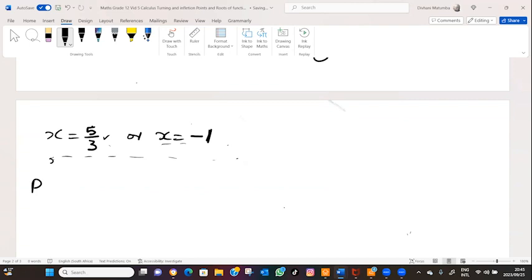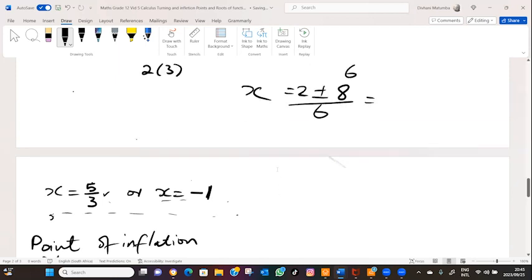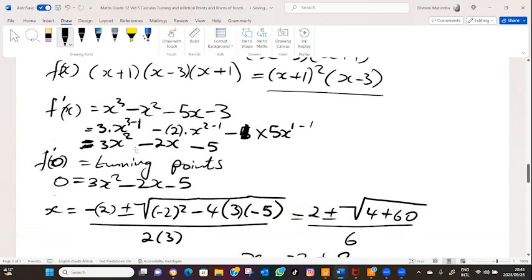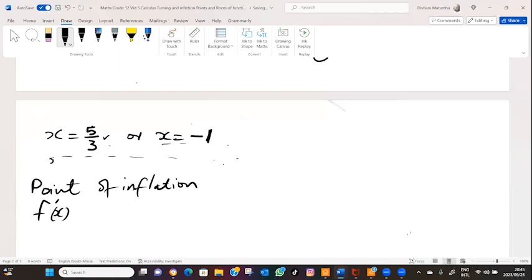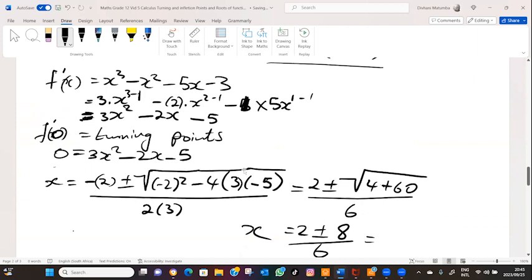Now, the point of inflection. The derivative function is given by 3x squared minus 2x minus 5.